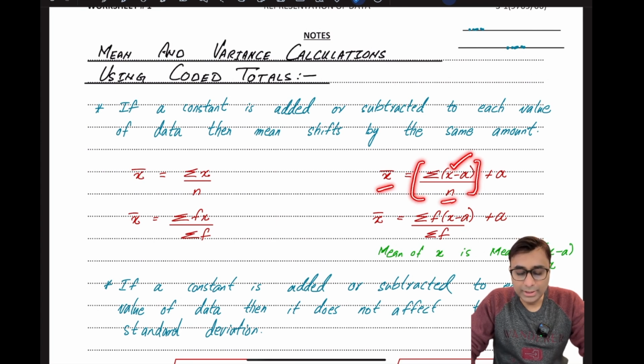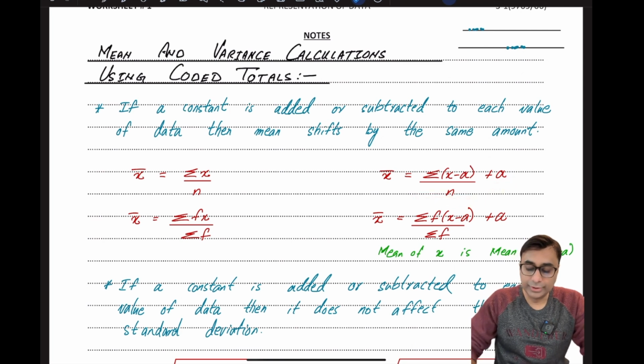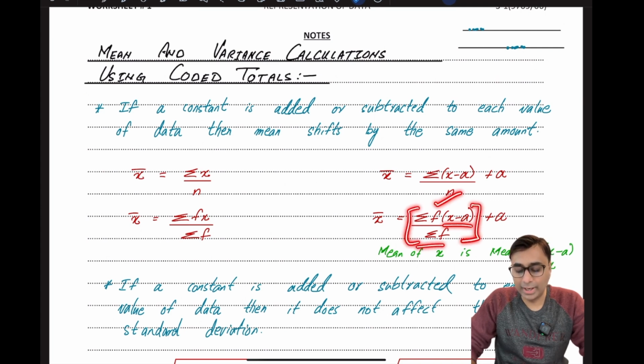So to get the mean of the original data, I can simply add that constant to my mean value. So I calculate the mean from the coded totals and I will just add the constant to that mean value. Same thing I could do with the frequency table as well. If I have x minus a, I could do sigma f(x minus a) over sigma f to get the mean of x minus a.